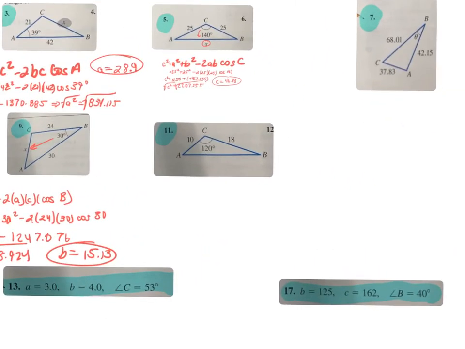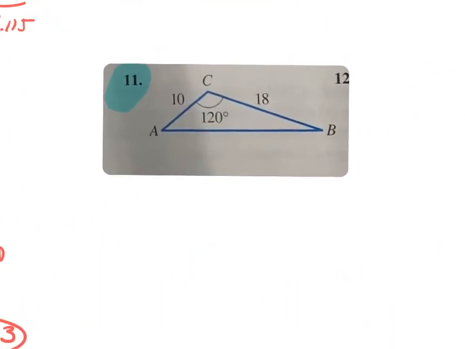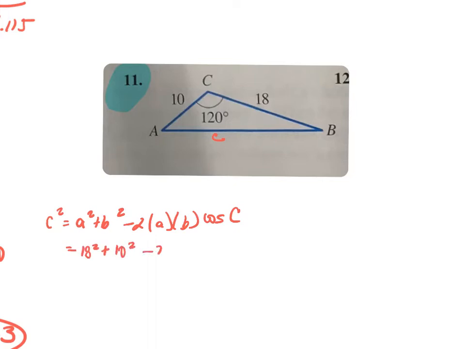All right, let's do number 11. Again, in this case, I'm looking here for side C because they gave me the other two sides. So I have c squared equals a squared plus b squared minus 2 times a times b times the cosine of C. So a would be 18 squared plus 10 squared minus 2 times 18 times 10 times the cosine, which is 120.